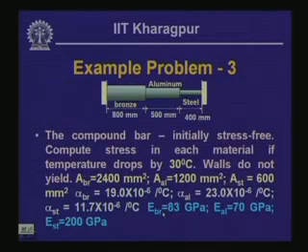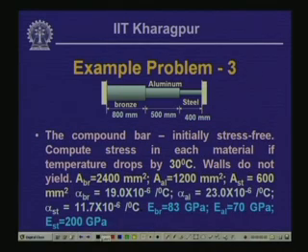Well, we have another example for you, which is a compound bar wherein we have three materials, bronze, aluminum and steel, of length 800 millimeter, 500 millimeter and 400 millimeter, and they are combined together and put within two fixed walls. Initially they are stress free.